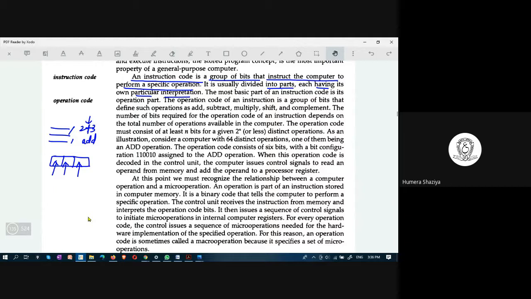If you have to instruct the computer to perform addition, you may say add. This add is at this level, and at the lowest level you have the code for the add. Let us take the code as 001. If 001 is the code for add, it is at the lowest level essentially.